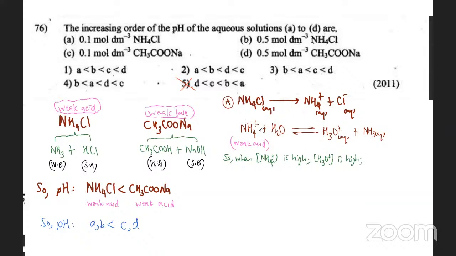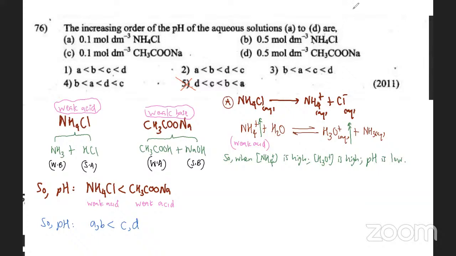Let's say, for example, if 100 ammonium ions release 1 H3O+ ion, then 1000 ammonium ions are going to release 10 H3O+ ions. So the higher the concentration of NH4+, the more H3O+ will be released, because this is C alpha, the concentration. If C increases, C alpha should also increase. Common sense. When this increases, this also should increase. If the H3O+ concentration is high, what will happen? The pH will be low.